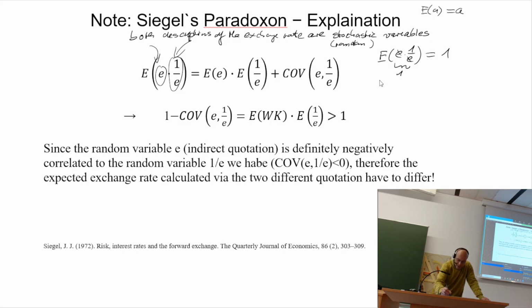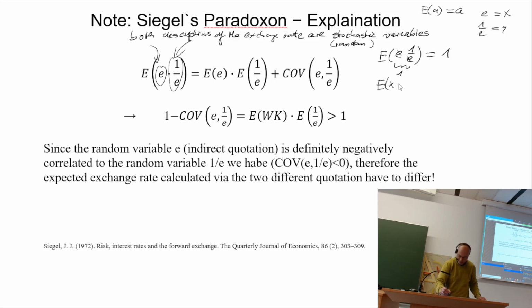But it is also, in general, if we say that E is X and 1 over E is Y, the expected value of the product of two random variables.